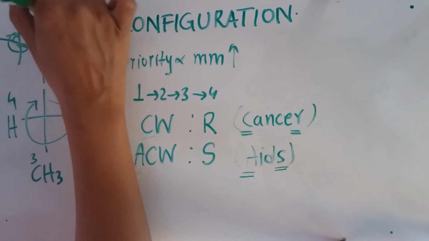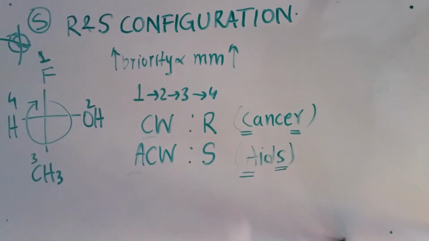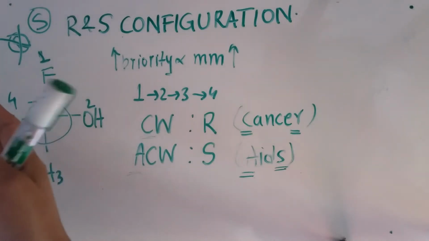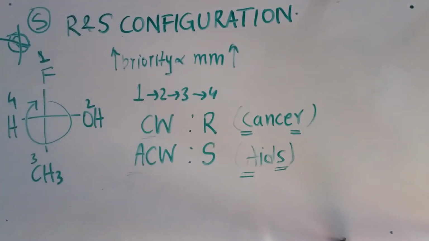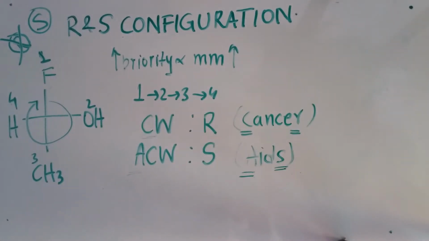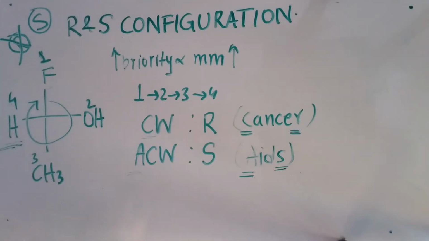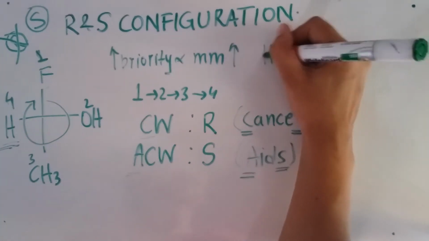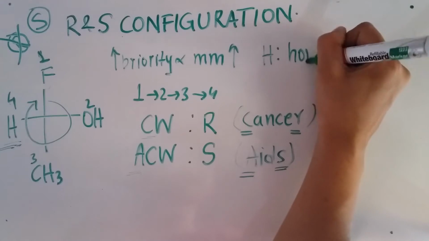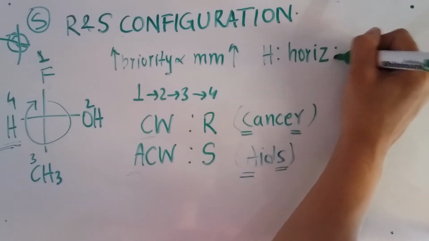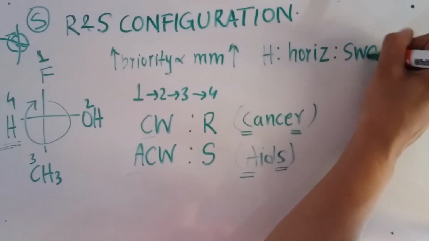The answer is S. Why this happens: a teacher may trick you into taking the answer as R because the first option is going to be R and you're like, oh, let's go for R. But this is a very important point to note: whenever the hydrogen atom is in the horizontal position, the configuration is swapped from R to S. So whenever hydrogen is in the horizontal position, you swap your configuration.